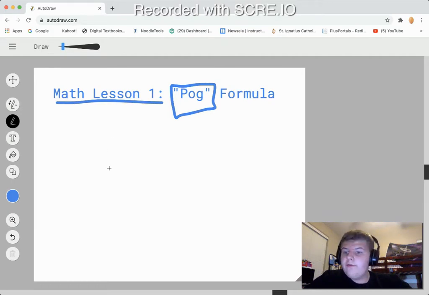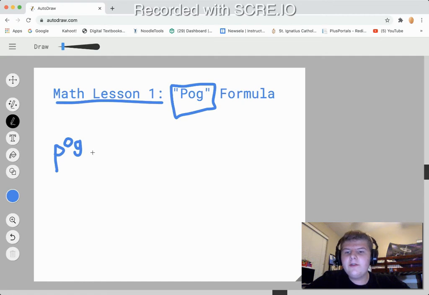So for the uninitiated, it actually isn't POG, it's P to the 0 subscript G power. This is POG right here. You want to know this.